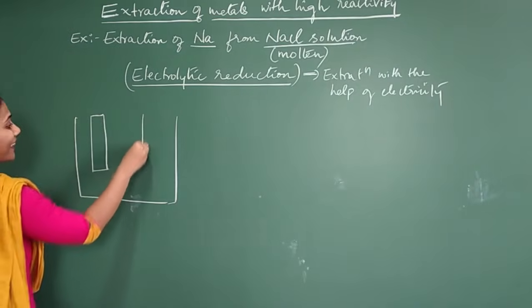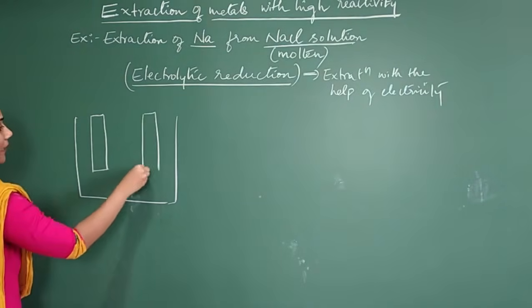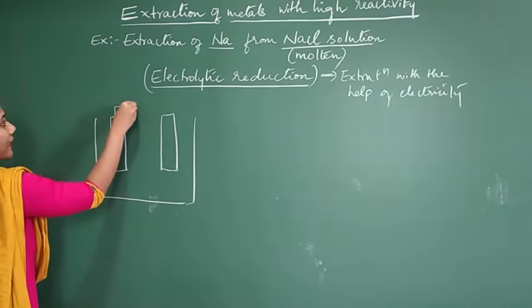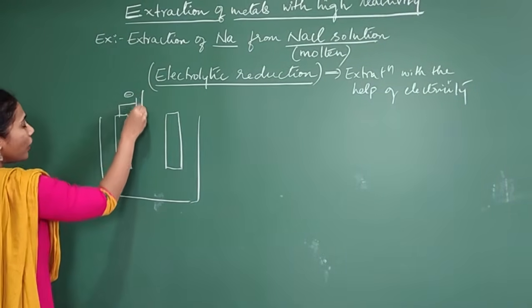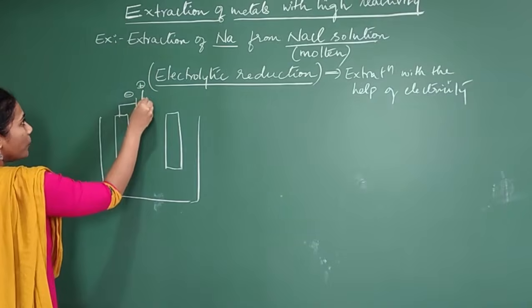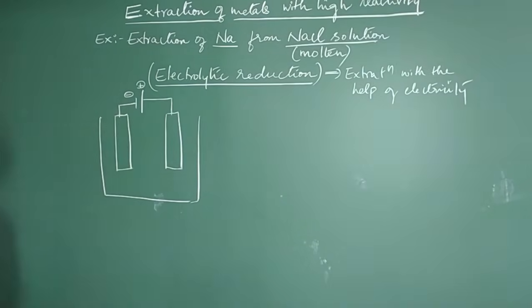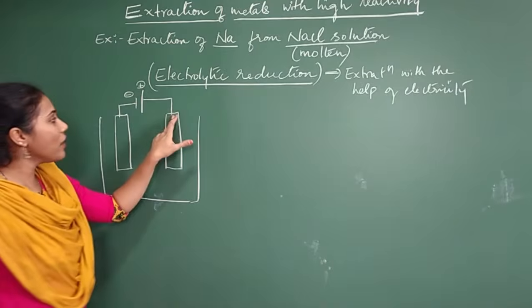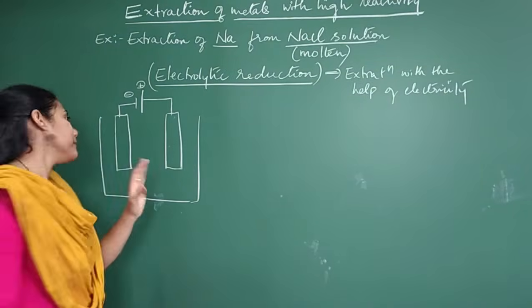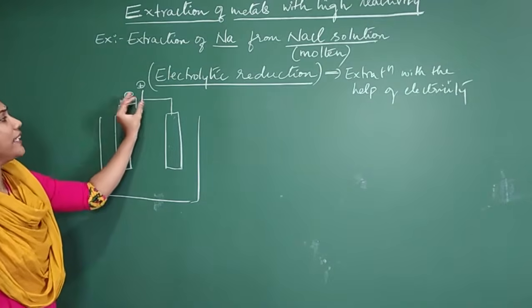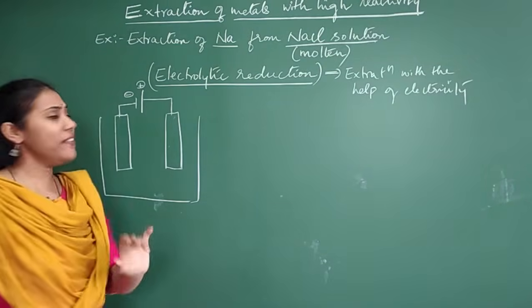Electrodes are nothing but metal rods, where one rod is connected to the negative terminal of a battery, and another rod is connected to the positive terminal of the battery. This is one metal rod, this is another metal rod. This rod is connected to the negative terminal of the battery, and this rod is connected to the positive terminal. So the battery is the source of electricity.